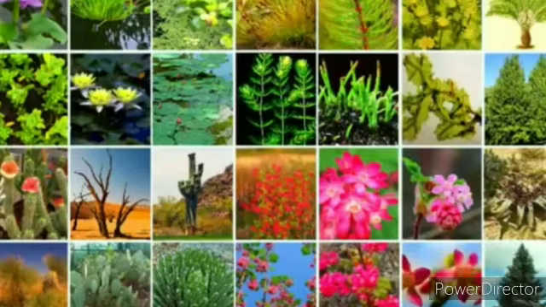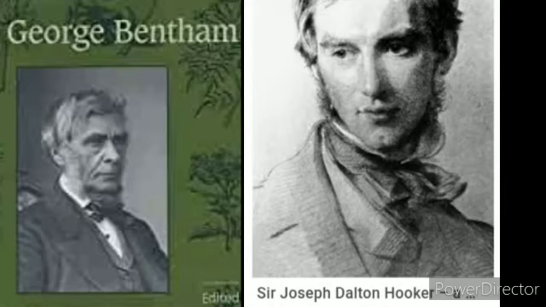In the natural classification system, we consider the external characters and internal characters, that is, the anatomical features, ultrastructure, anatomy, embryology, etc. Such a classification for flowering plants was given by George Bentham and Joseph Dalton Hooker.